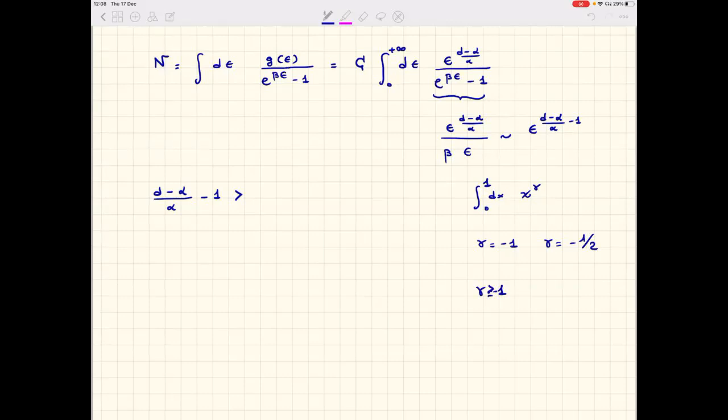So let me check one thing with you. This integral is convergent for gamma greater than -1. This integral here, what is the condition on gamma in order for it to be convergent?